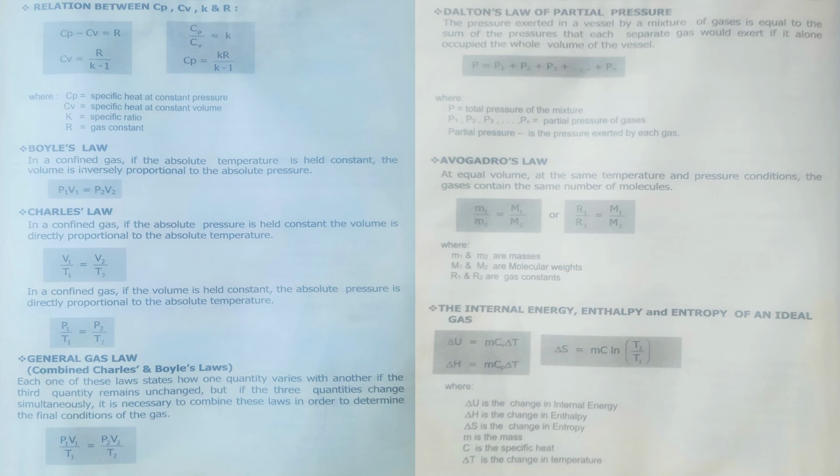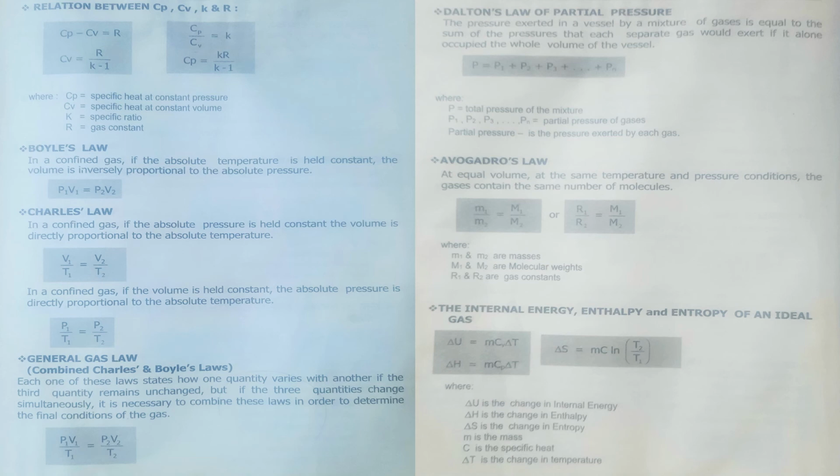Okay? Boyle's law: in a confined gas, if the absolute temperature is held constant, the volume is inversely proportional to the absolute pressure. So your formula, okay? Your relation in Boyle's law is P1V1 is equal to P2V2. Okay? Then Charles' law: in a confined gas, if the absolute pressure is held constant, the volume is directly proportional to the absolute temperature.